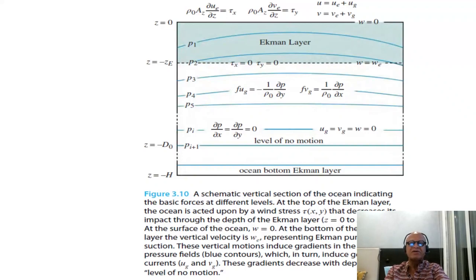Looking here at the ocean, going from the bottom, let's say minus h, to some depth d0, the ocean has a level of no motion. If you go deep in the ocean, the waters move so slowly that you cannot directly measure them at all.